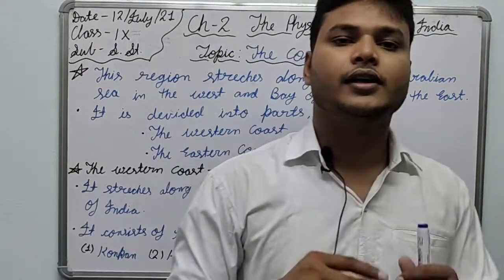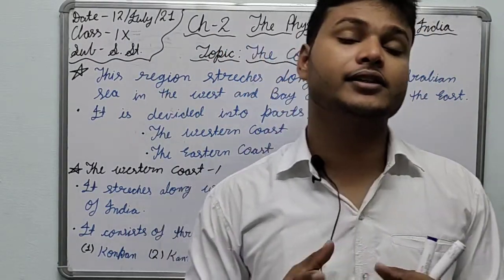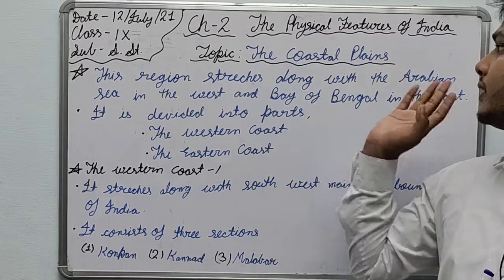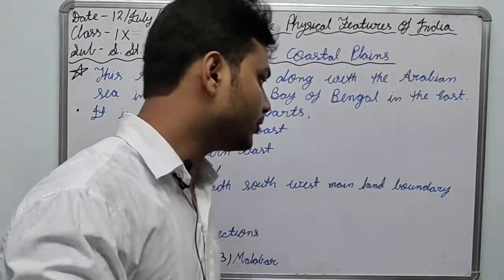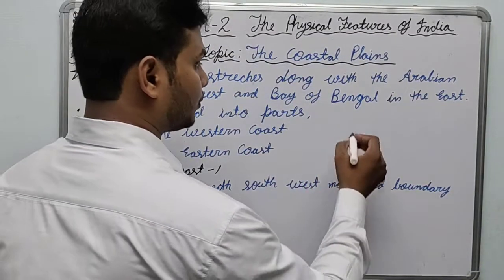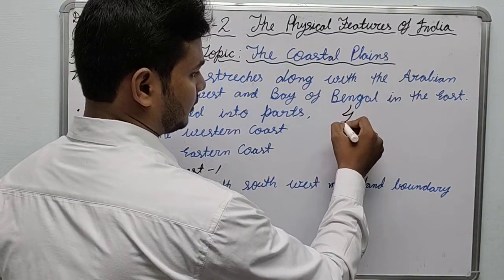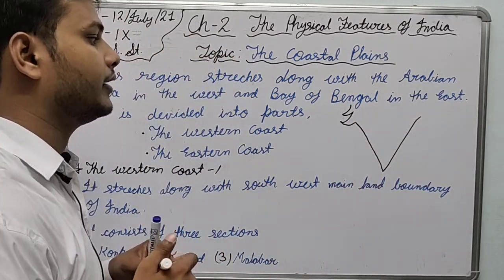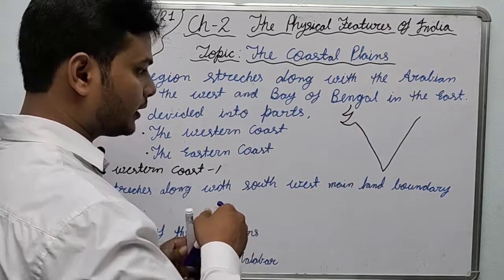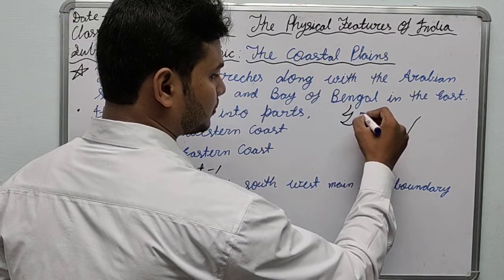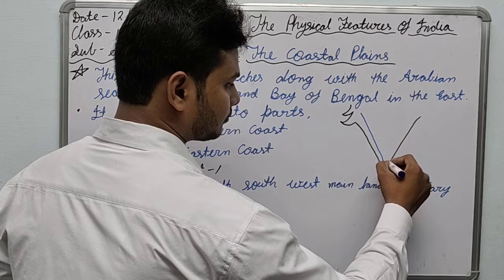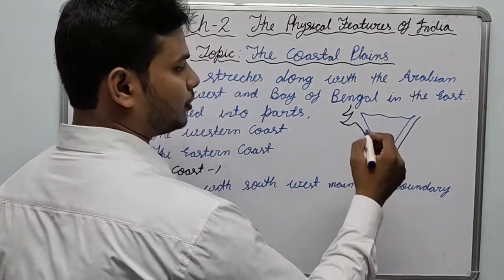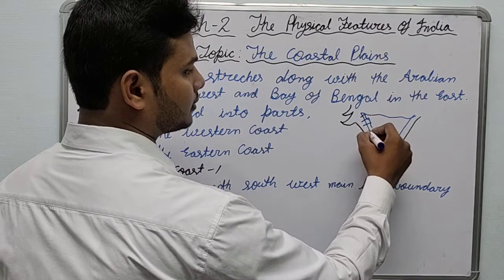Okay, now the next physical feature of India, that is the coastal area. Look, the topic is the coastal plains. So first we should know about the location. Suppose this is the southern part of India, and as you know, in the southwest portion is the Deccan Plateau, and here are the hills.